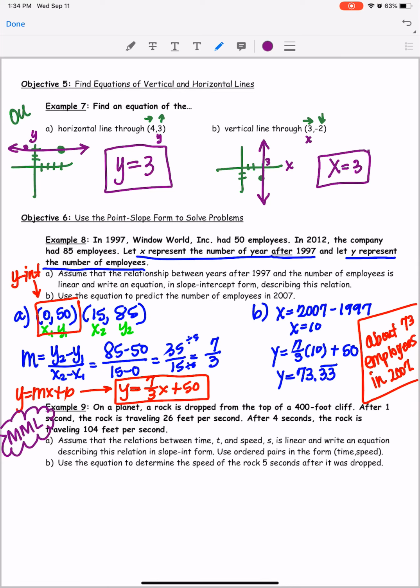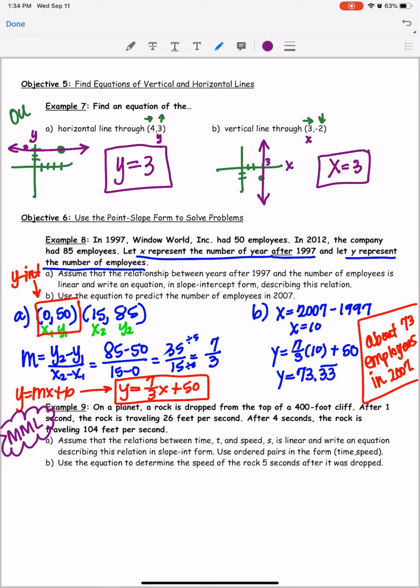After 1 second, the rock is traveling 26 feet per second. After 4 seconds, the rock is traveling 104 feet per second. Assume that the relation between time t and speed s is linear, and write an equation describing the relationship in slope-intercept form.